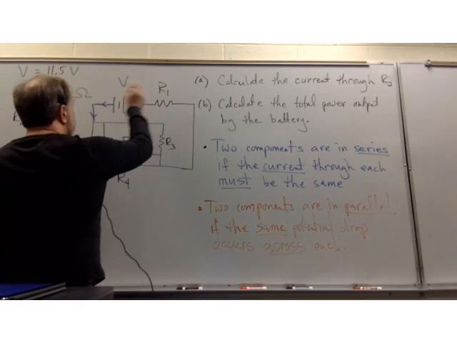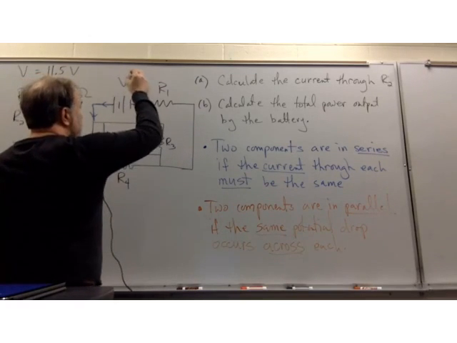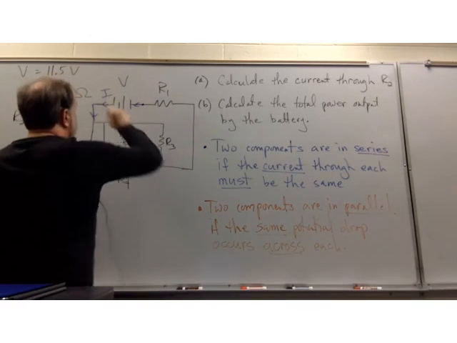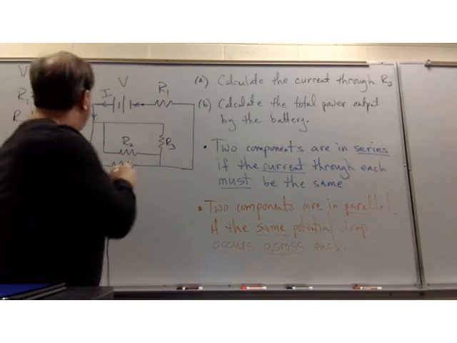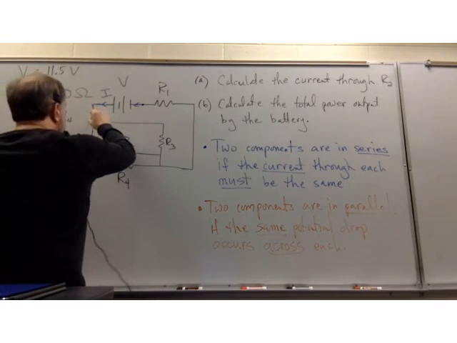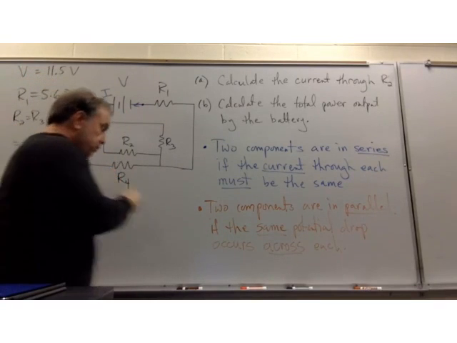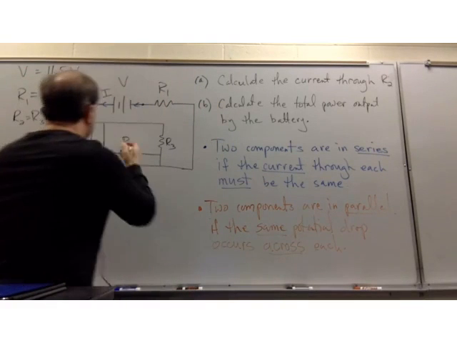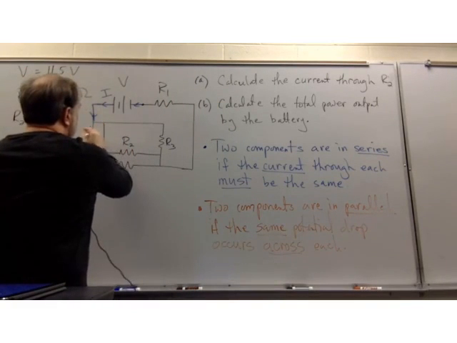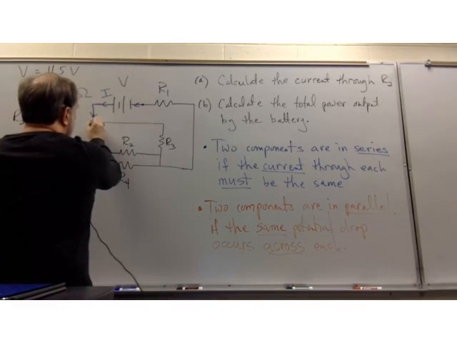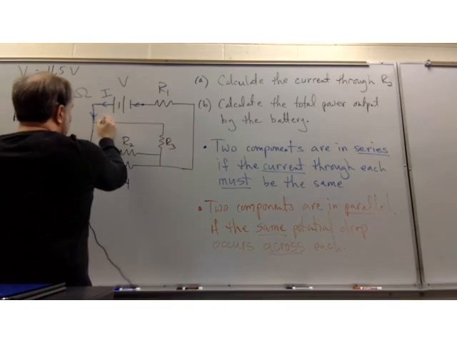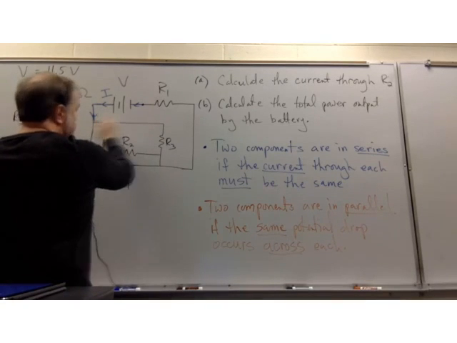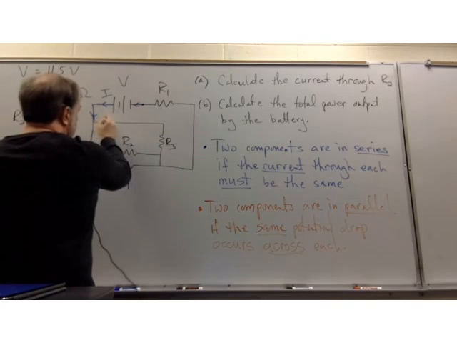around the circuit. All right, so we will call this current I1. And when the current arrives at this branch point, it will split. And the labels are pretty arbitrary here. This is a little bit complicated.